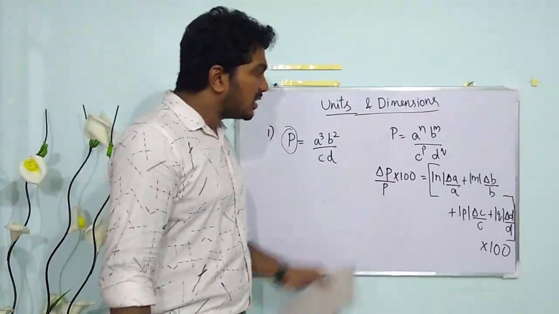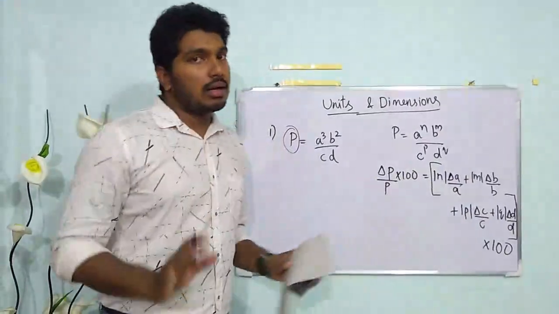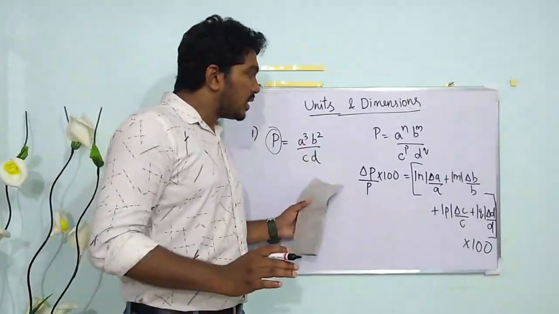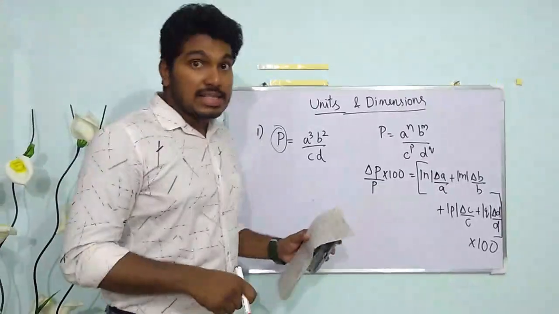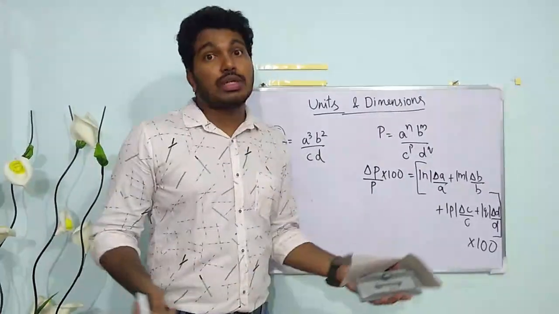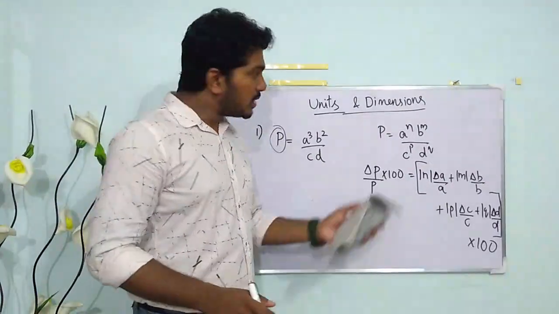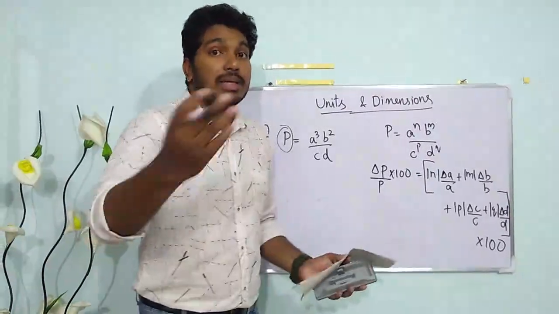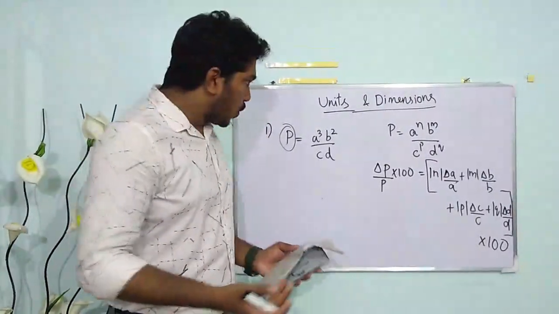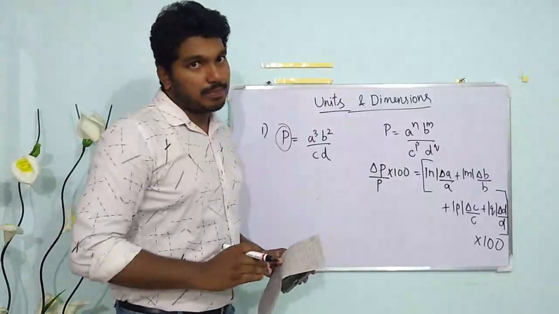So in general, this is the methodology to find the error in a quantity. This question has been asked for the mains entrance examination and even for NEET, so it is very important and can be repeated once again. Let us solve this question here.